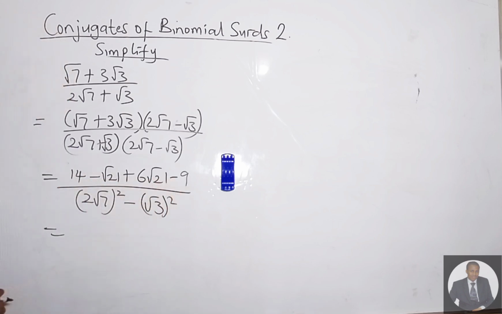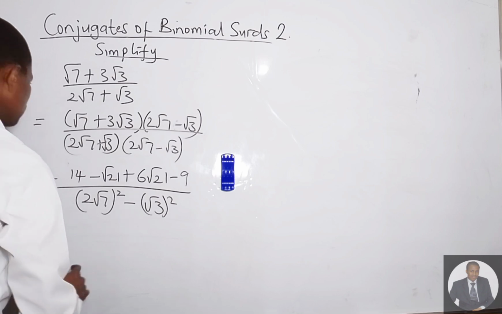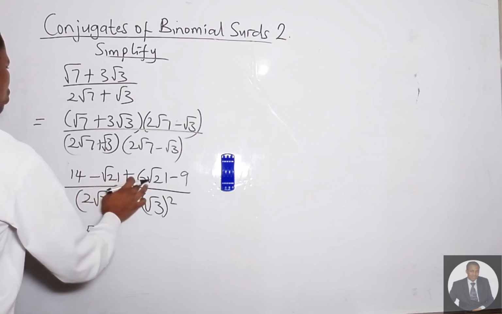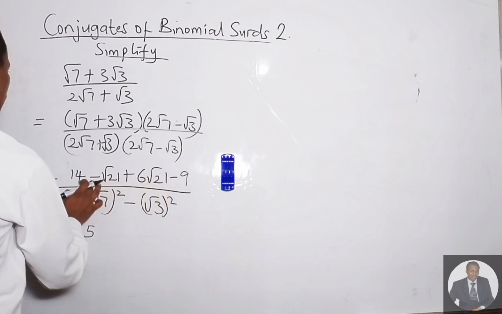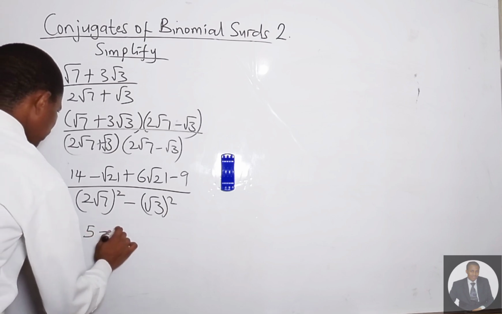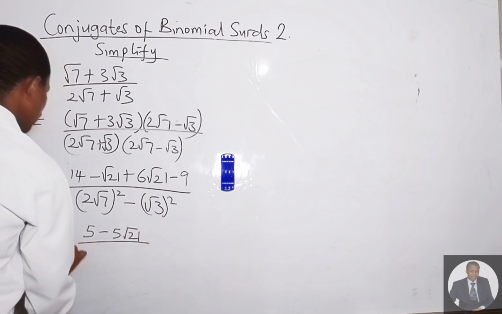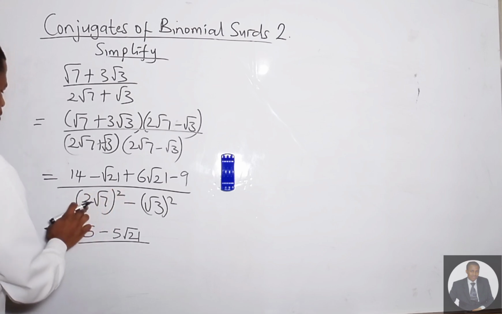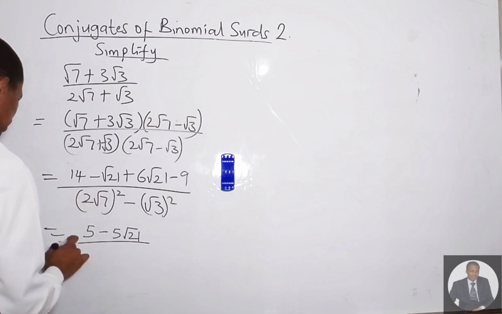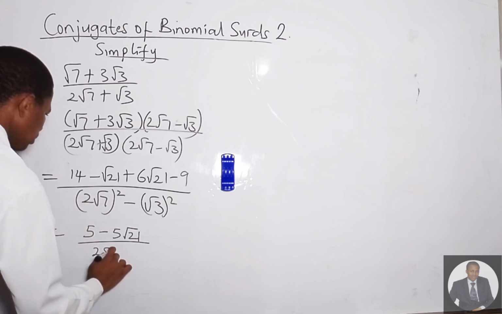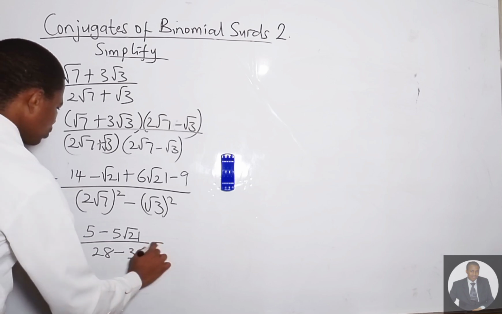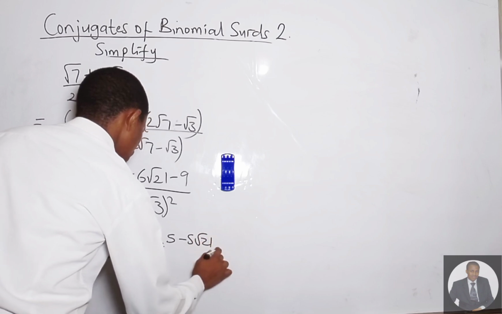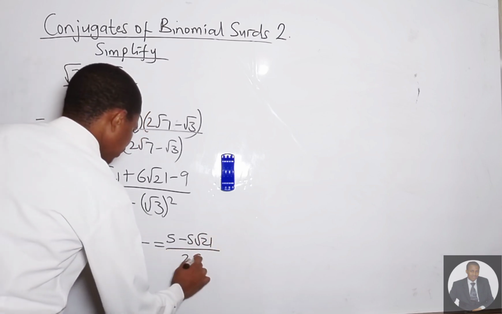So 14 minus 9 will give us 5. Then 6 root 21 minus root 21 will give us 5 root 21, all over (2 root 7) squared, that's 2 times 2, 4, times 7, that's 28, minus 3, which is 25. So we have 5 plus 5 root 21 all over 25.